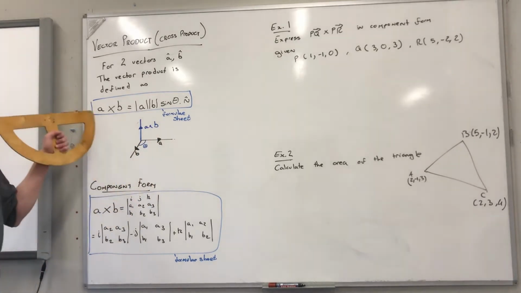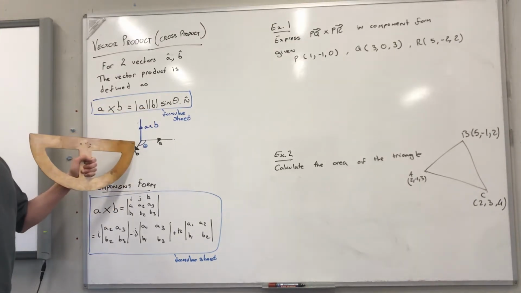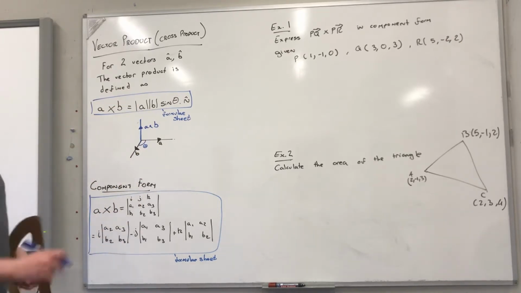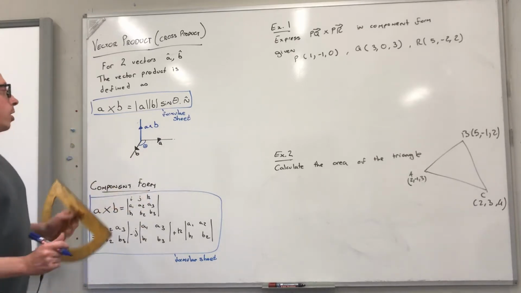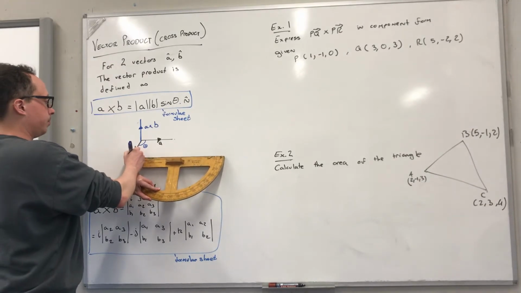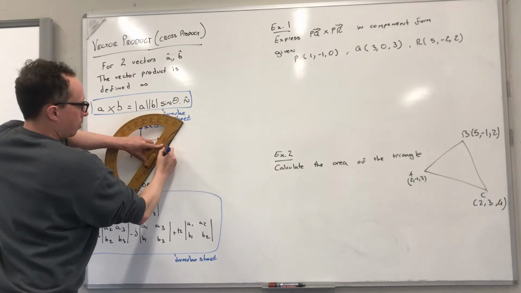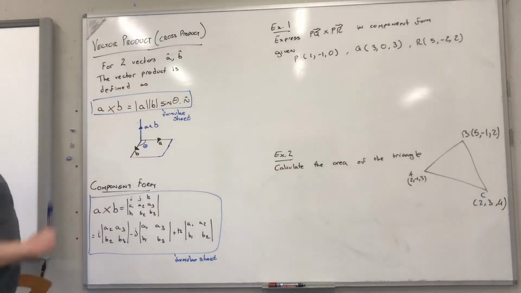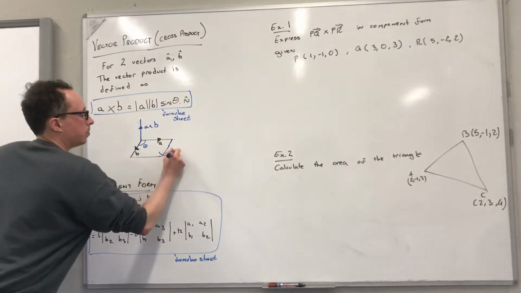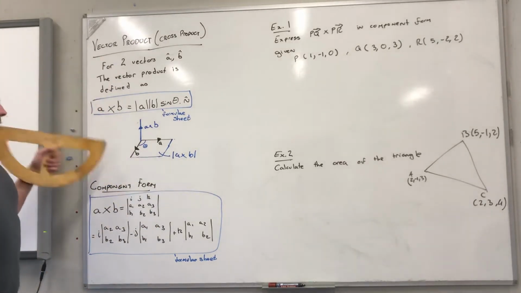So if you were to calculate the cross product of two vectors, it's going to be a vector perpendicular to both A and B. And another part of the cross product is that if you were to calculate the magnitude of A cross B, that gives us the area of the parallelogram that is made by A and B. So that is a property of the cross product.